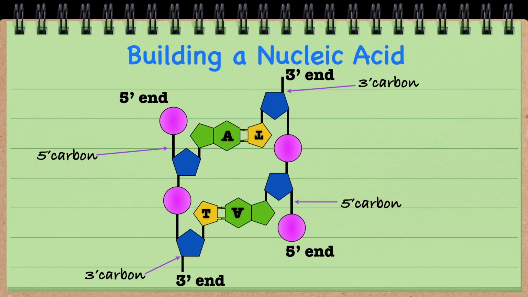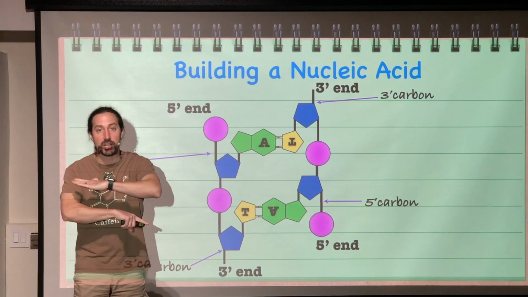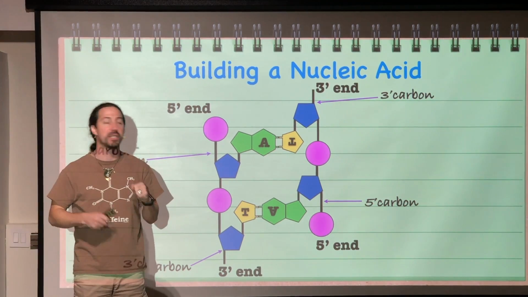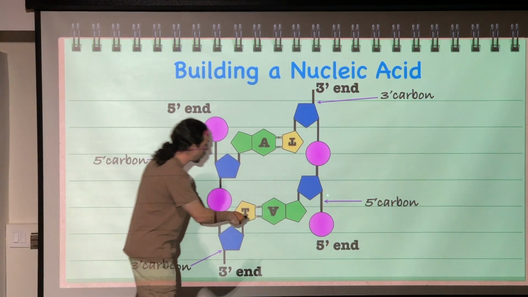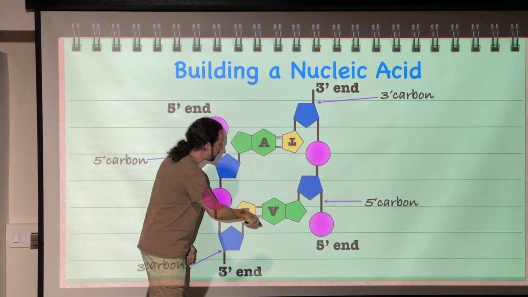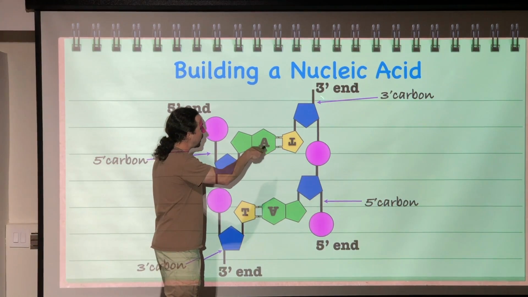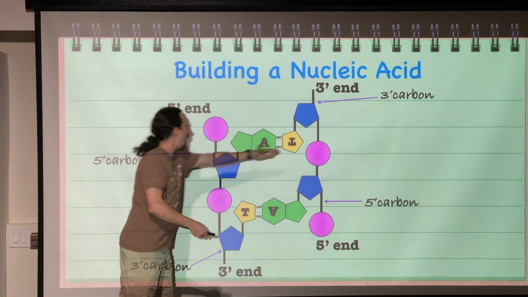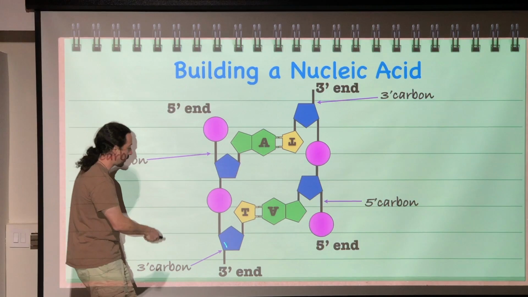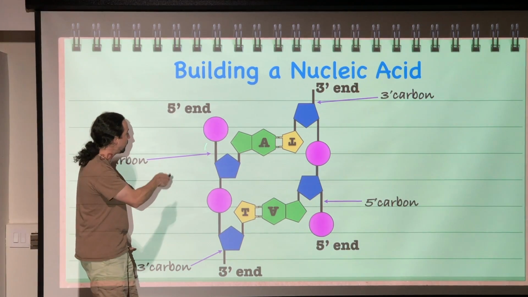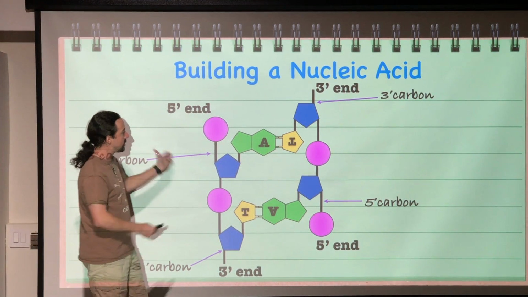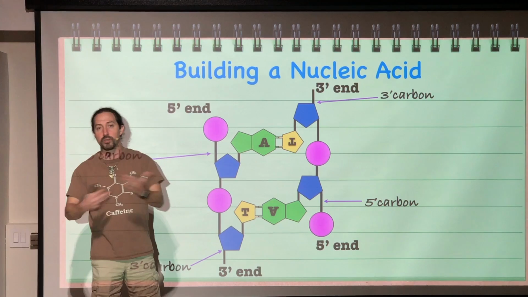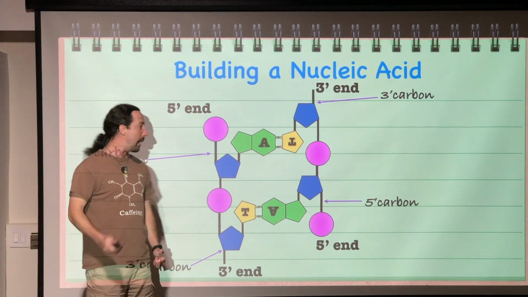We describe this as the strands being anti-parallel because they are parallel to each other but facing in the opposite direction. The 5 carbon right here is facing downward. The 3 carbon up here is facing upward, which is the opposite of this other strand where the third carbon is facing downward and the 5th carbon is facing upward. Because of that opposite direction, we call it anti-parallel.